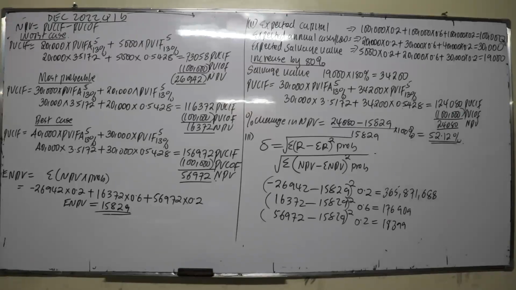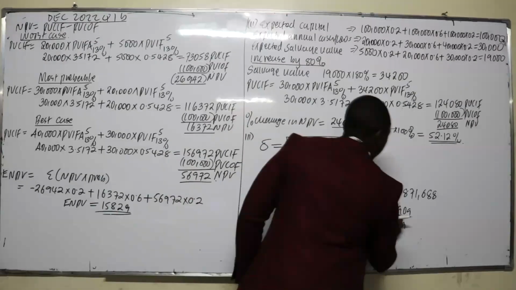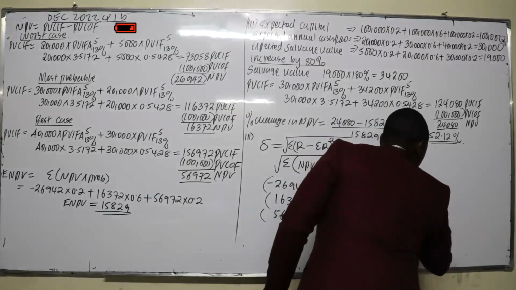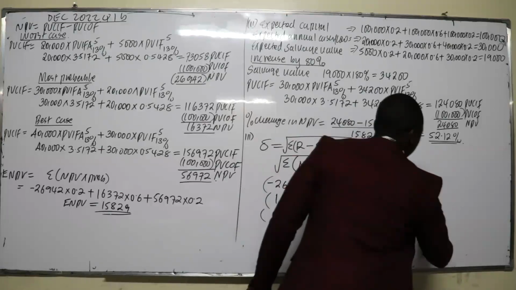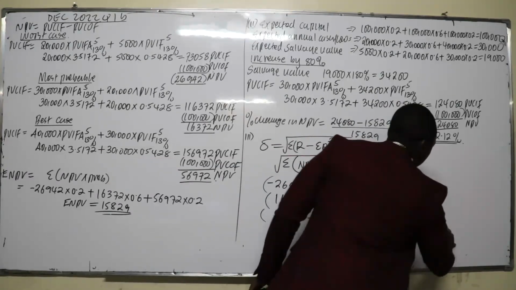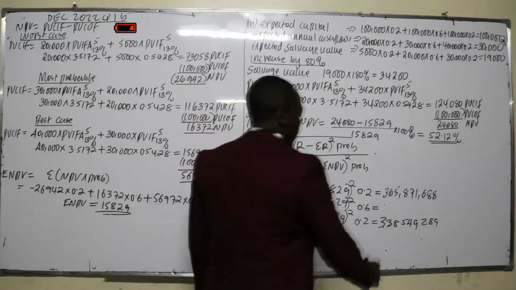I did not get the square root. Are you together? Which one? The last one is 338.5, uh-huh. 29. Good. What about the second one?